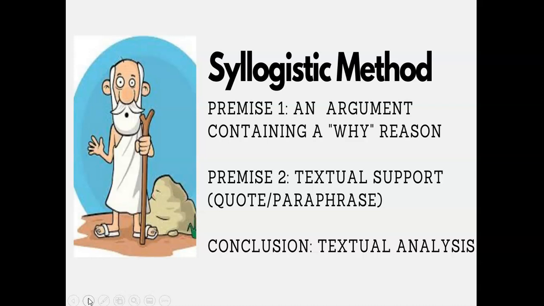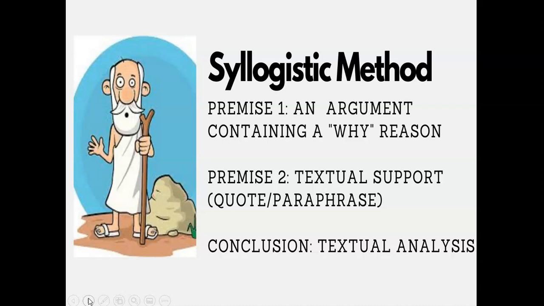We just are addressing the prompt. Yes, no, maybe, it depends. So the why is saved for the first premise, and it should be phrased in the form of an argument. This is always going to be 3 sentences long unless the student has a reason to make it shorter or longer. And I'll model it for you in just a second.